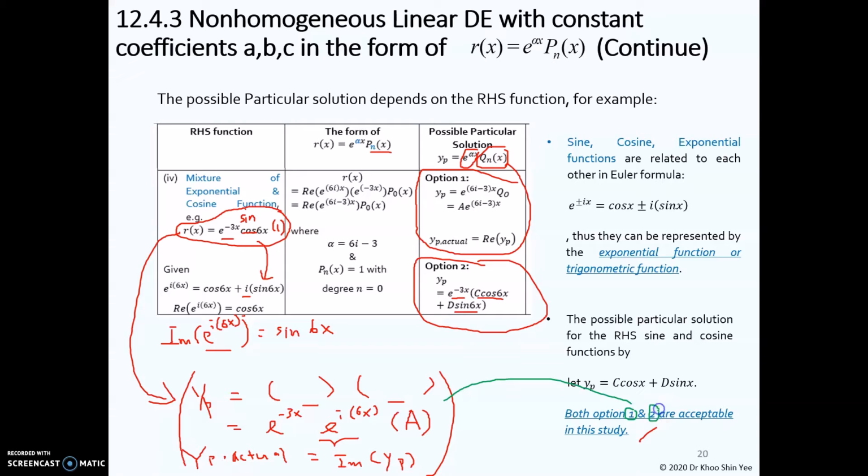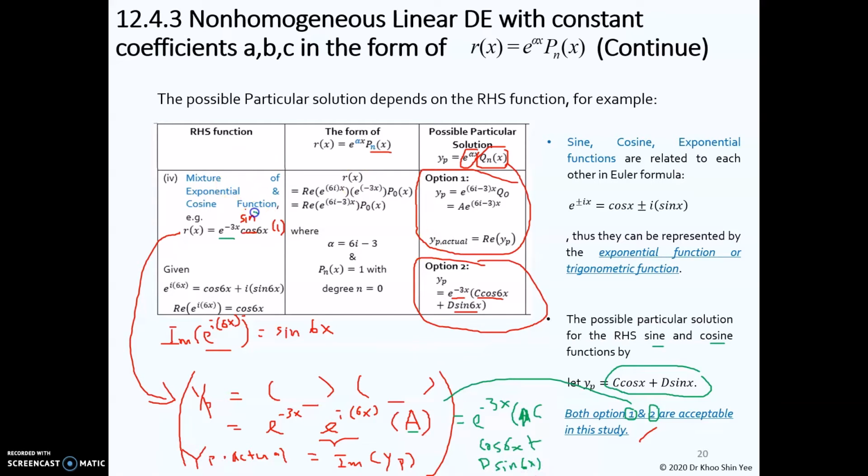For the second option, we can link the sine and cosine function to this trigonometric function. So the exponential negative 3x remains in the particular solution, and the sine 6x can be proposed in the trigonometric format. Since we have constant A here, let's use other parameters. So we have C cos 6x, you need to put 6x inside, plus D sine 6x.